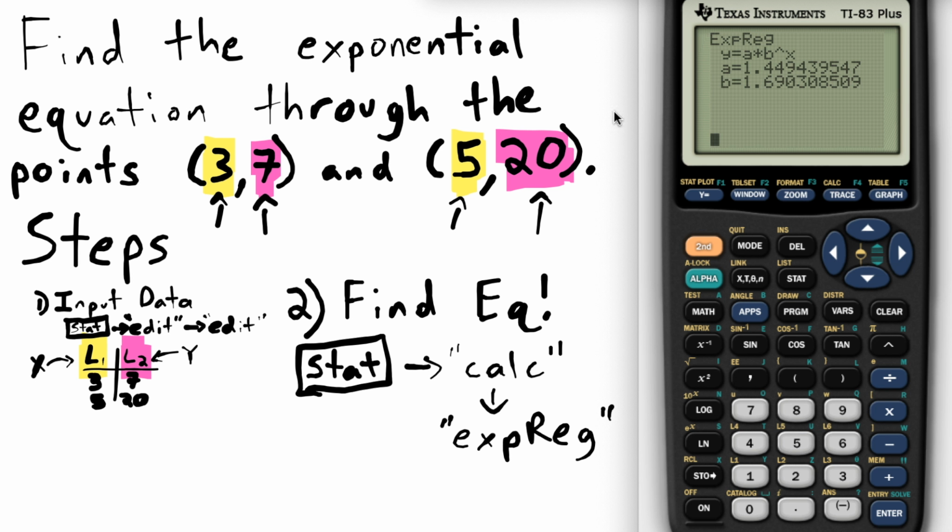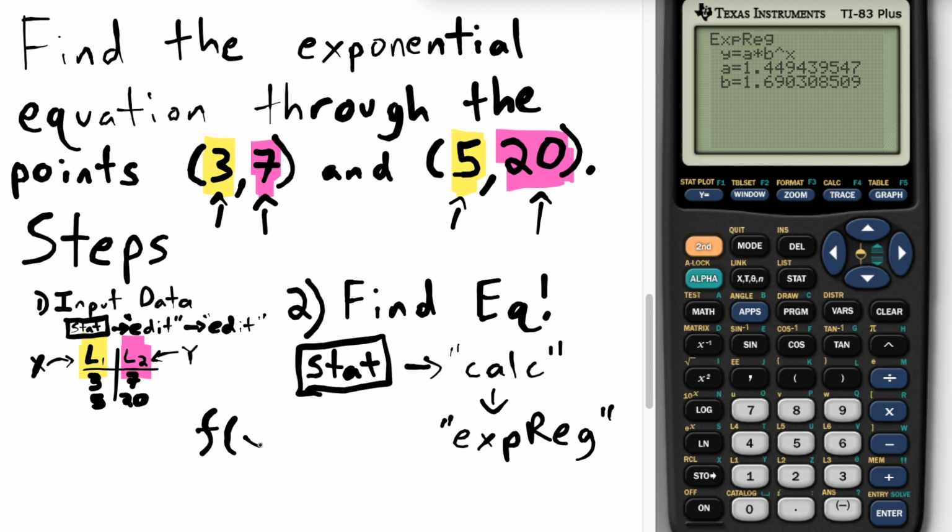It's telling me that I have an equation in the form y equals a times b to the x, which I could write as f of x. I'm given the value of a here and the value of b here. These aren't nice integers, but that's fine. I'm going to be fairly precise and use 3 significant digits.